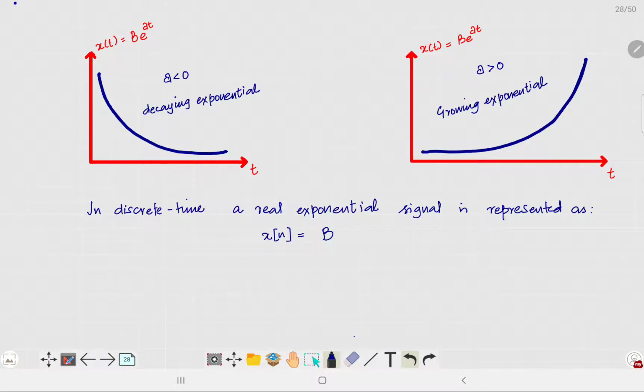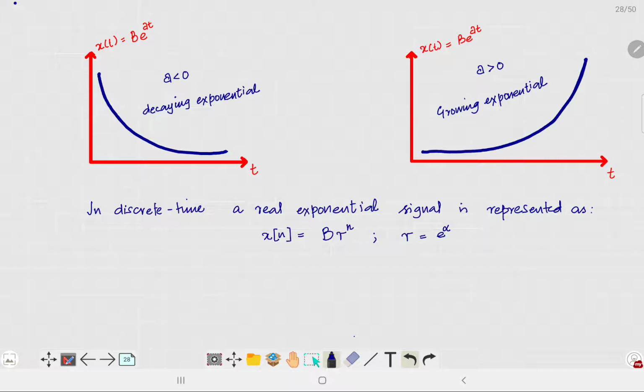It will have an amplitude parameter b, then r to the power n. Here n is an integer value, and additionally r is equivalent to e raised to the power alpha. And n is a discrete parameter, an integer value.